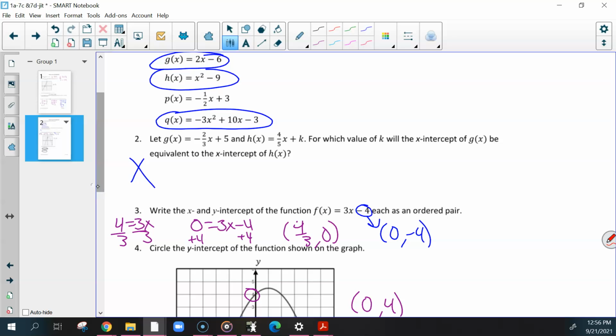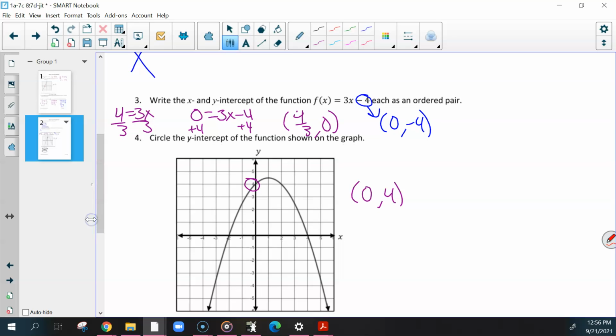I said skip number 2, but that's very similar to the one we just did, that number 5. So you could go back and try that one. Number 3 asks you to write the x and y-intercept. So remember that in this format, your y-intercept is given to you, but your x-intercept you need to solve for.